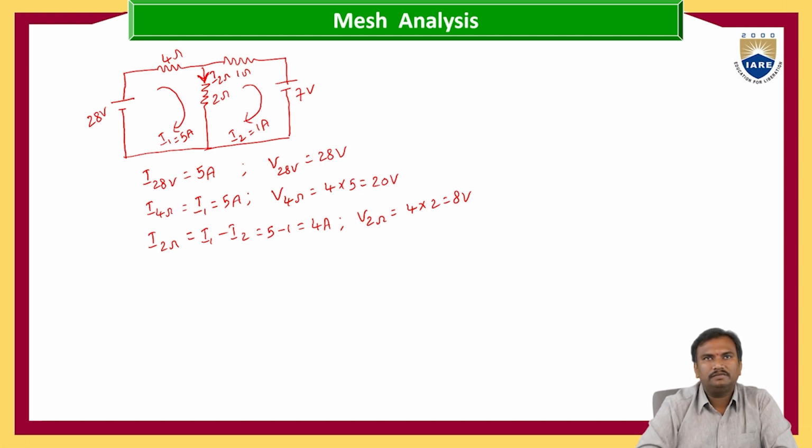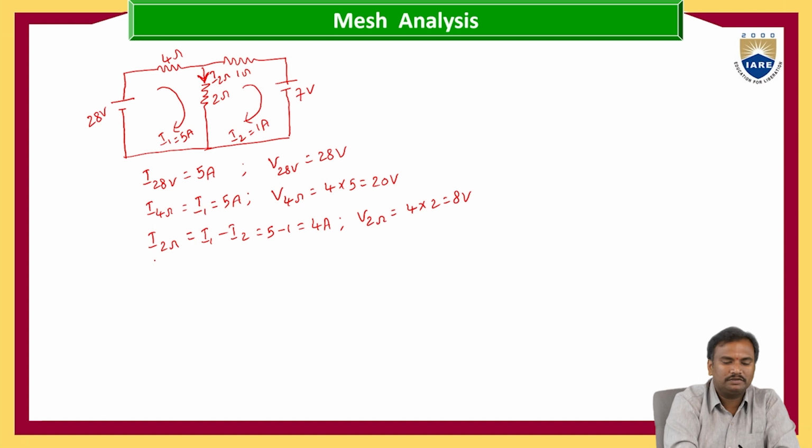Now we need to calculate what is the current flowing through 1 ohm and 7 volts.